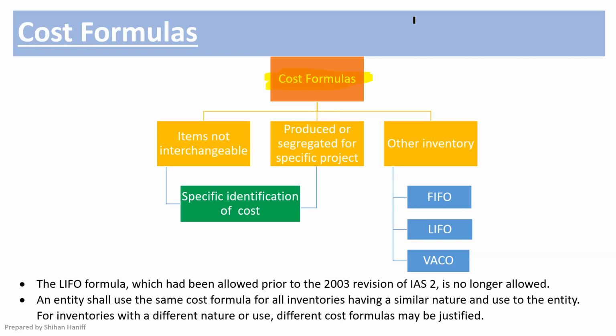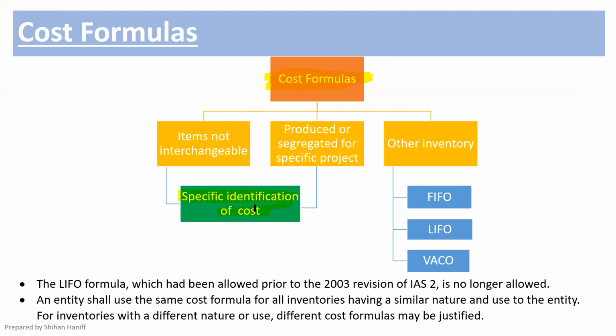How do you calculate the cost of the inventory, or how do you calculate the remaining value of the stock and the cost of sales? If you can specifically identify what are the items that you sold, then you can use specific identification of cost.